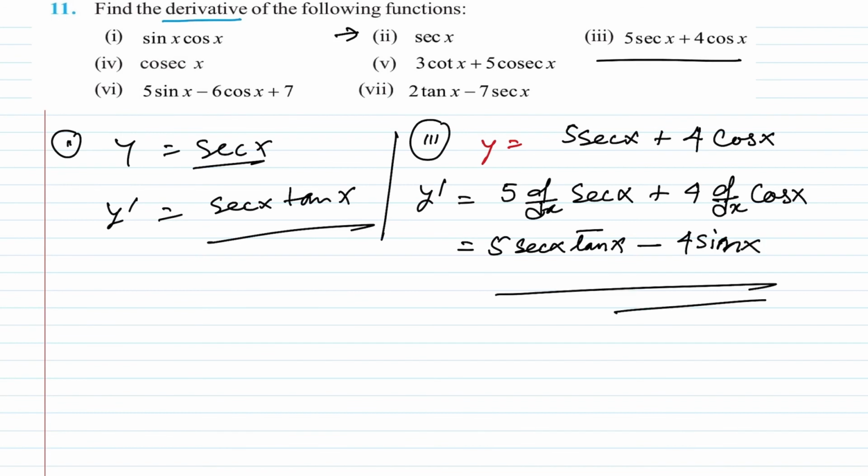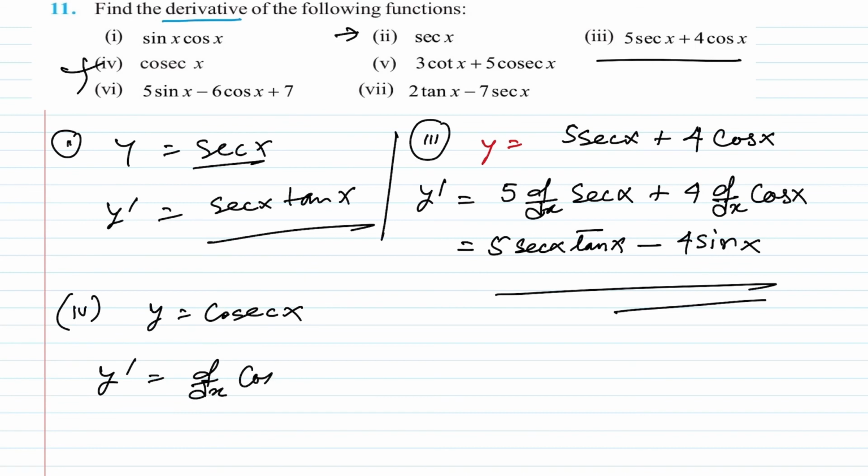Hope you have understood this. Now let's solve number 4. Here number 4, derivative of cosec x. So y equal to cosec x, suppose. Derivative of cosec x is minus cot x cosec x, which is equal to minus cosec x cot x.